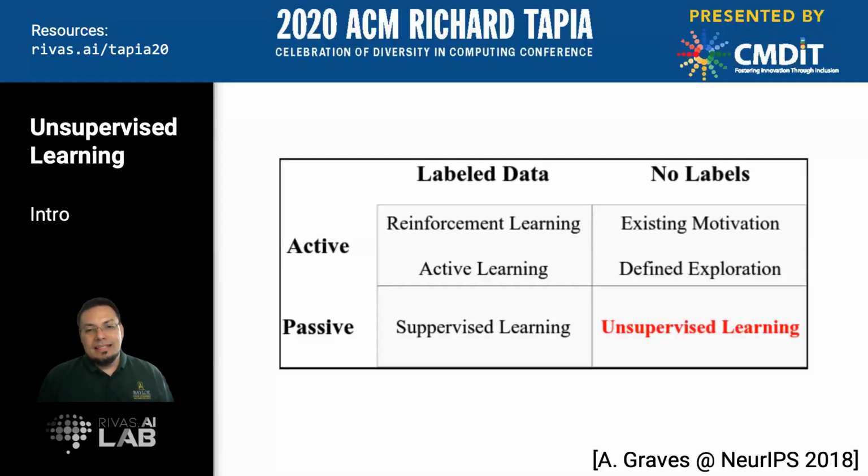In 2018, I was at a conference where a presenter, A. Graves, proposed this division of learning, these categories of learning, if you will, in which in columns we have labeled data and no labels. And on the rows, we have active and passive. For example, supervised learning is considered something that is very passive, but has labels in it.